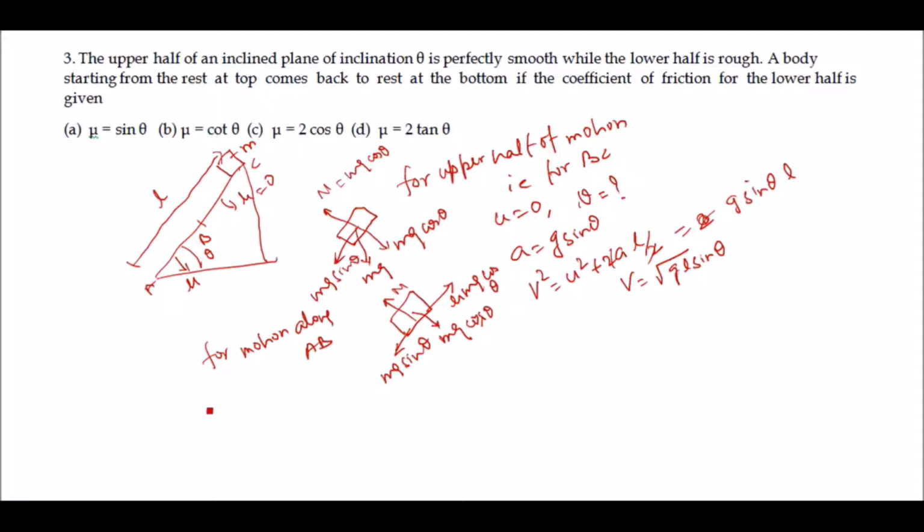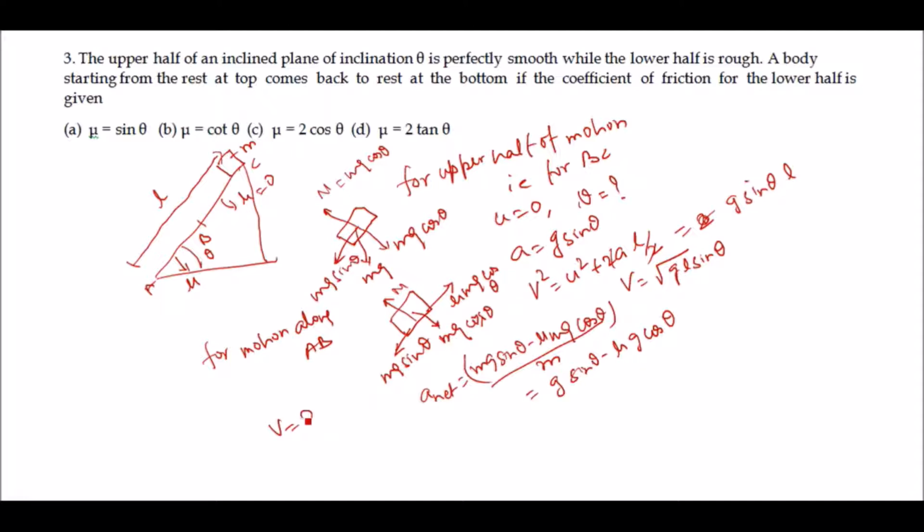So the net force is mg sin theta minus mu mg cos theta. If I divide it by the mass m, we get the acceleration: g sin theta minus mu g cos theta.